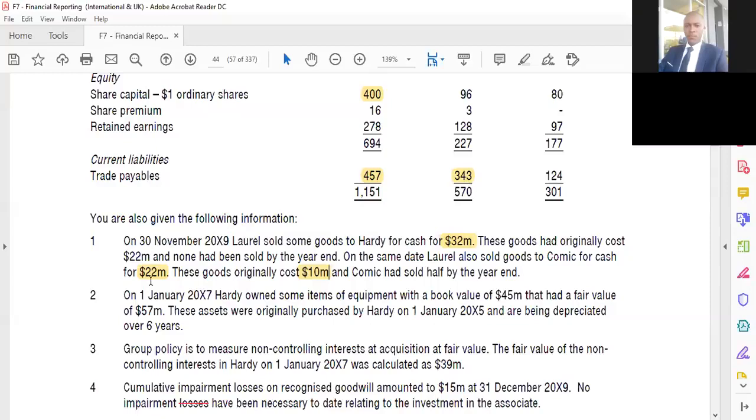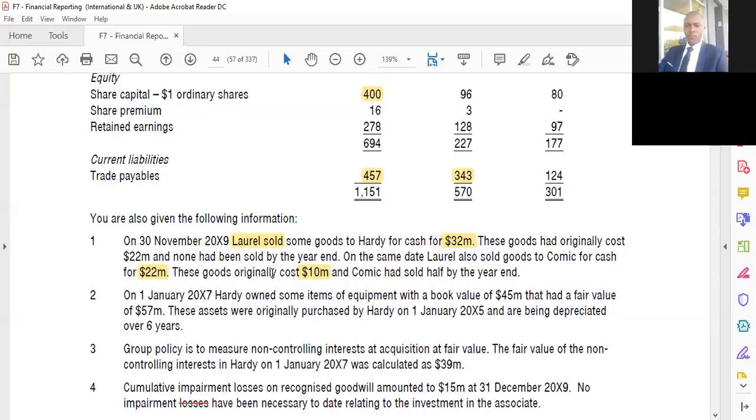In this note, the keyword here is L'Oreal, who sold. Who is L'Oreal? L'Oreal is the parent. Have you seen? When the parent sells, do not bring whatever the parent sold into the net assets at acquisition.